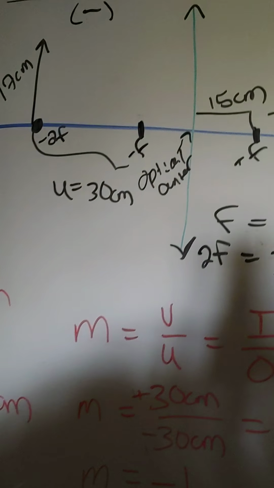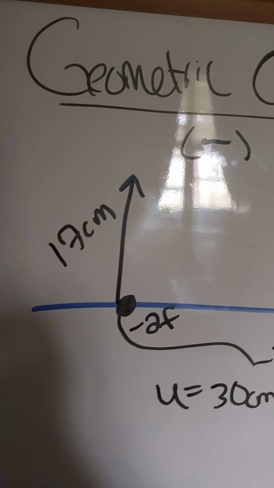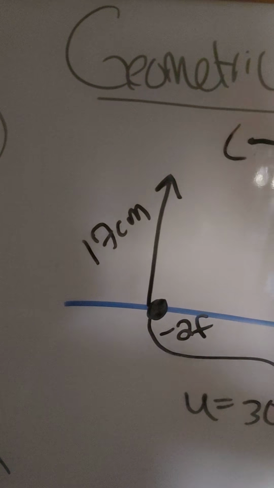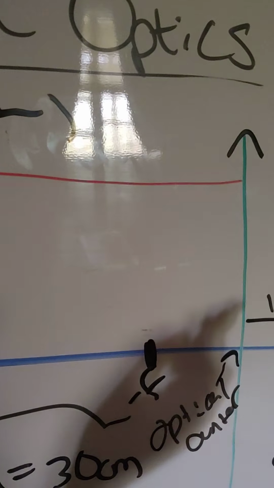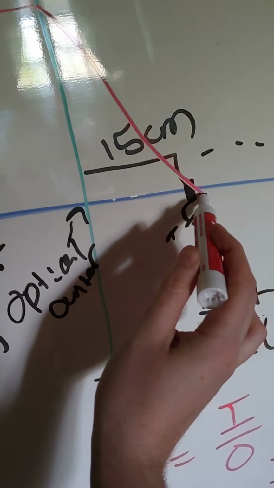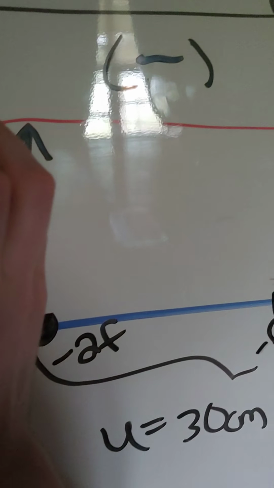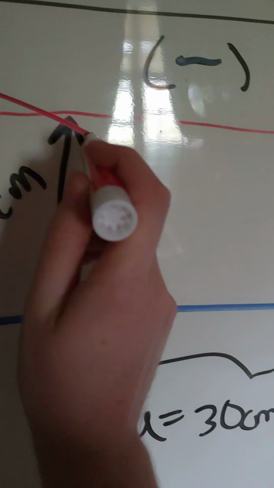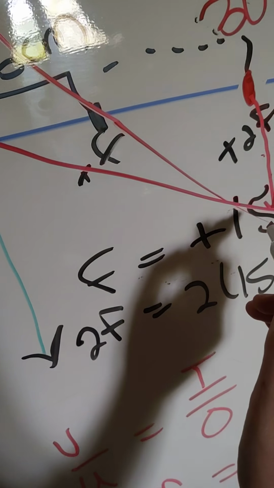Oh, I guess I can throw in some lines and what that means. So we're throwing in, light hits the top here, hits the lens, goes through that first focal point, continues down. And then this next one comes down and hits the optical center, continues down and crosses the focal line.